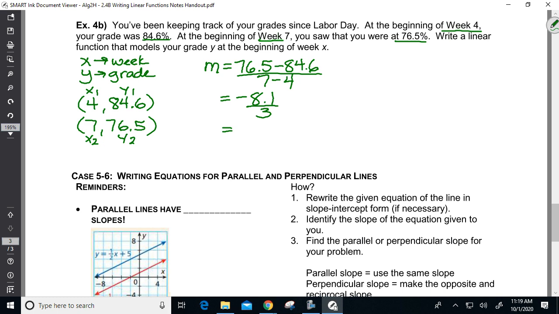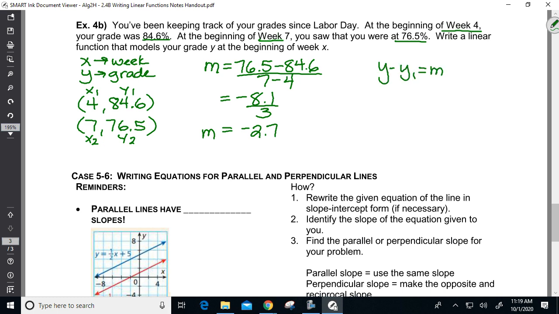That's technology not for you. Negative 2.7. So that means your grade is going down 2.7 points per week. First step is to find slope. Second step is to pick a point. Again, you don't have to write out, I chose this point. I'll figure that out when I'm looking at your work.